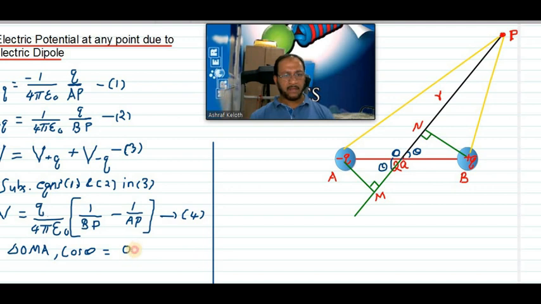OM divided by the hypotenuse. The hypotenuse is AO or OA, that is half of the dipole axis, isn't it? So we can write small a. This is half of the dipole axis. So OM we can write as a cos theta. OM is equal to a cos theta.